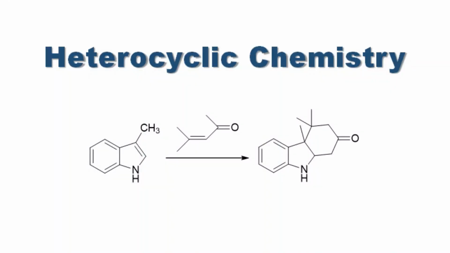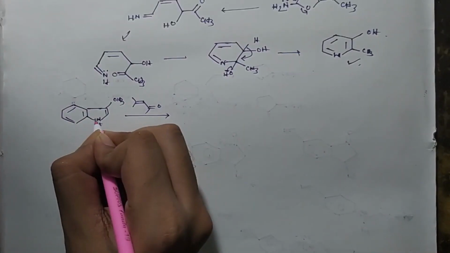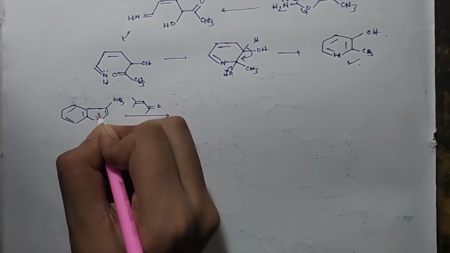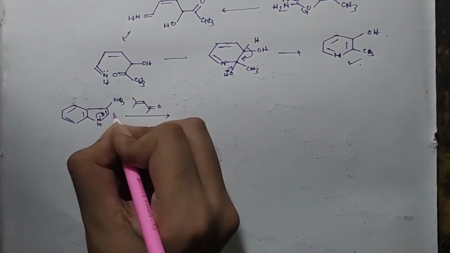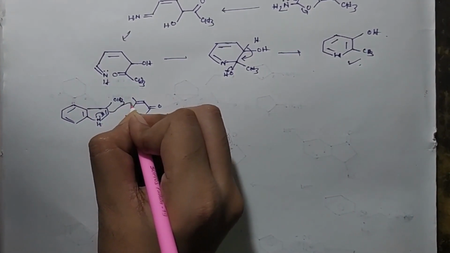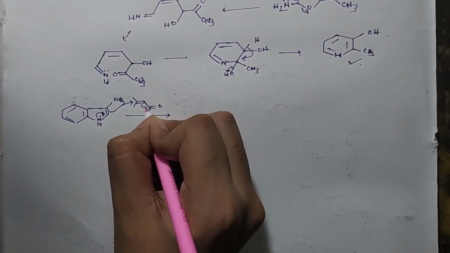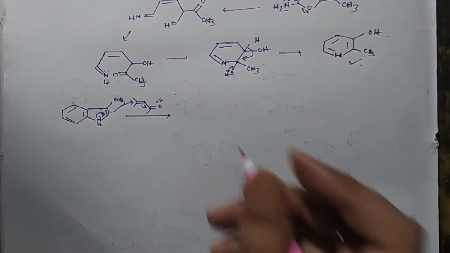This is a substituted indole which has reacted with an alpha beta unsaturated carbonyl. So what we expect is that from the indole nitrogen, this lone pair comes here, this bond just attacks at the unsaturated carbon, that bond goes here, and the carbonyl double bond breaks.